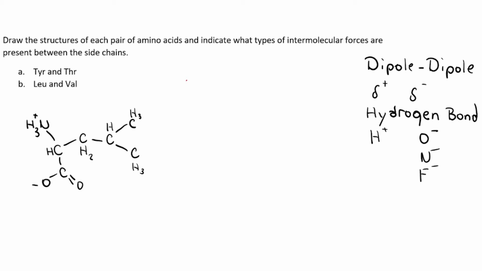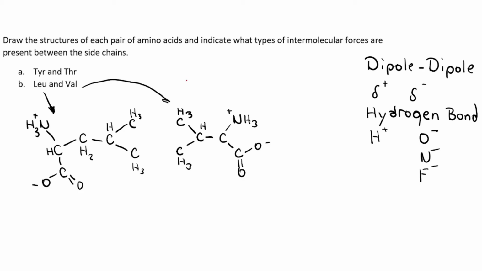So leucine has this long chain of carbons with an extra beta carbon, compared to valine, which has somewhat the same structure but has one less carbon than leucine. This one is leucine, and this one is valine.